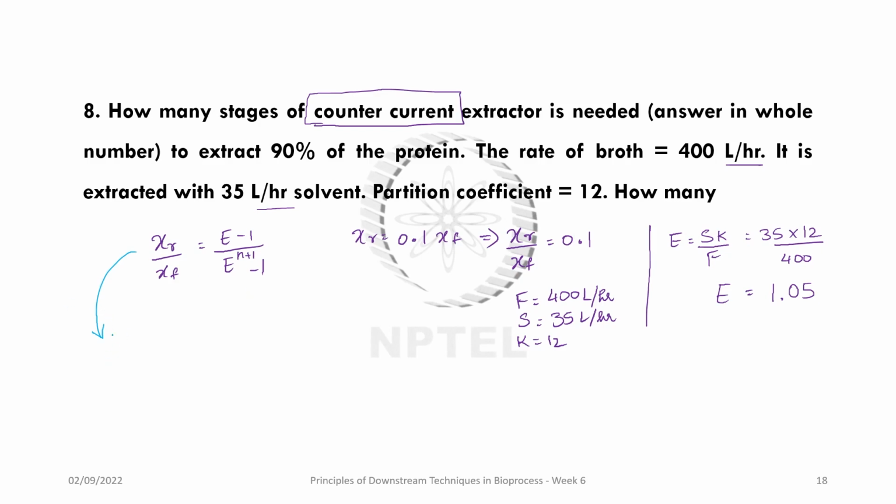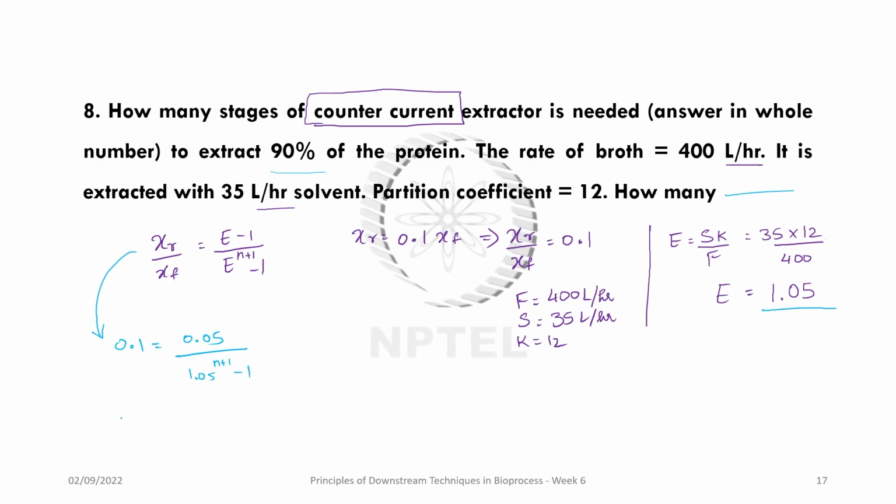Okay, I'll go ahead and substitute this. XR by XF is 0.1 is equal to, what is E here? 1.05 minus 1 would be 0.05 divided by 1.05 power n plus 1 minus 1.